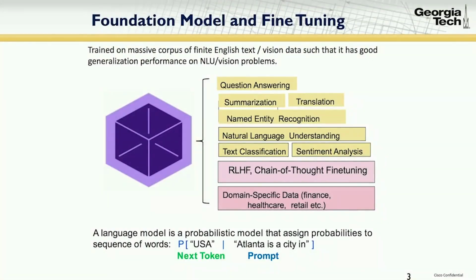So if you look at foundation models, whether it's a foundation model for language, for vision, or for cross-modal data, there are a number of things in common. Most foundation models are trained on huge amounts of data with large numbers of parameters.